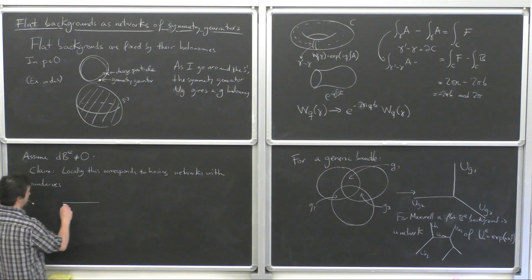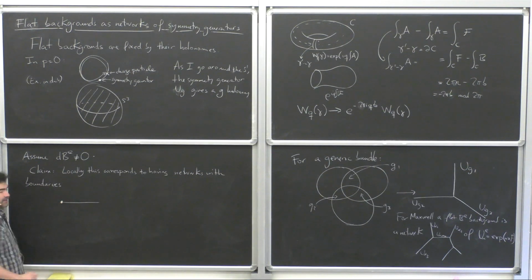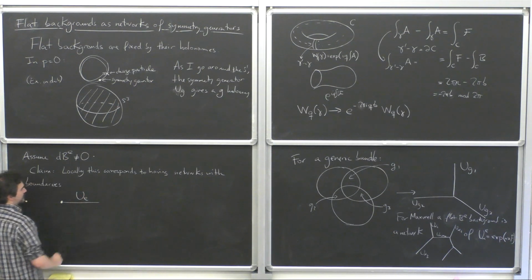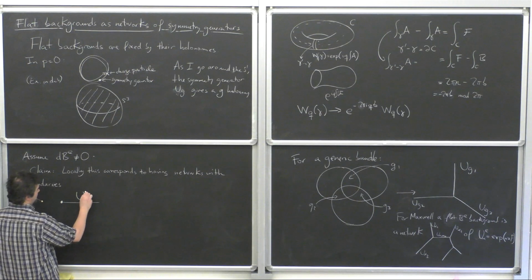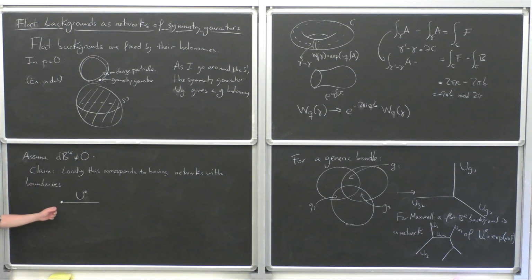It's doing whatever it does around here, but at some point here it ends. So I have a UE, and here it ends. Okay, and I would like to argue that this will induce a process that's effectively having curvature in the B background.